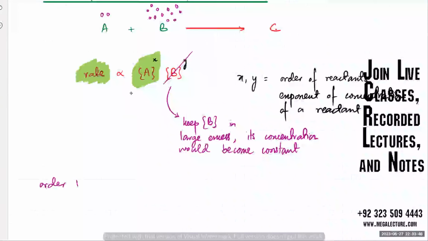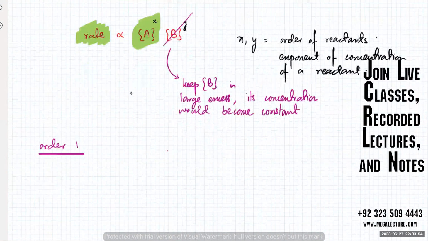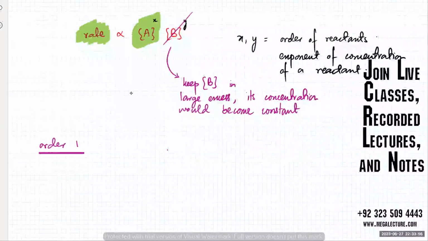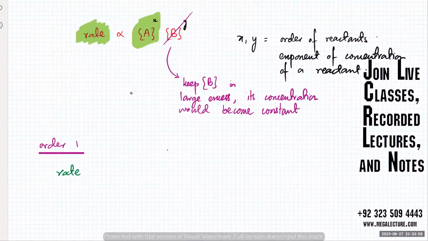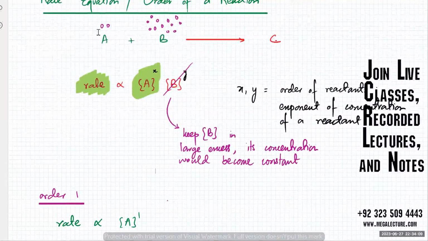The first one is order one. Now, order one means that X has a value of one. That means that rate depends on the concentration of A and the power is one. That means that if you double the concentration of A, the speed of the reaction will double.